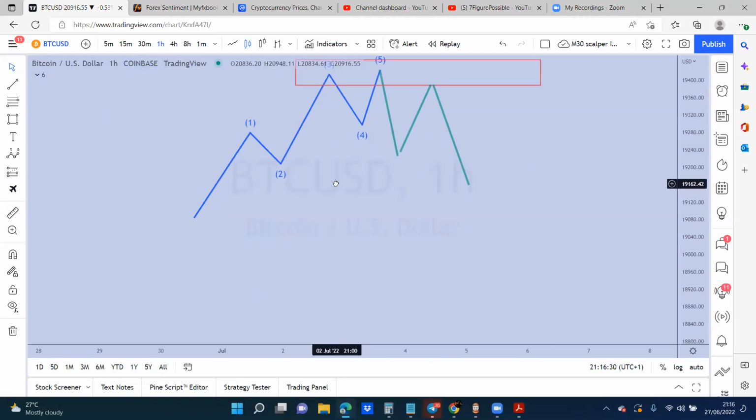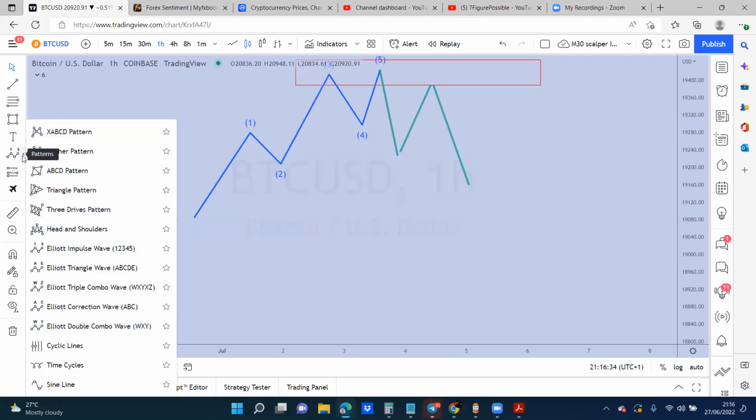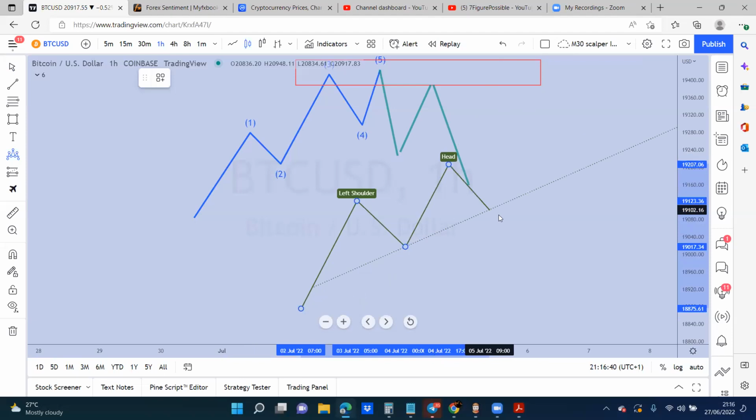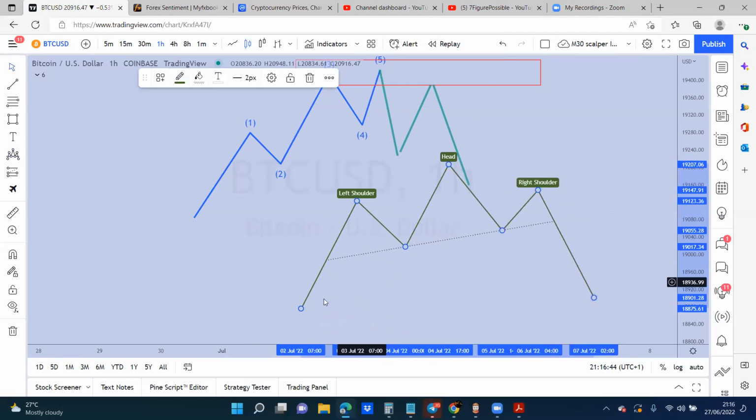In fact, some people who are old in trading, they will call it head and shoulders. So they have something like this. Left shoulder, right shoulder.